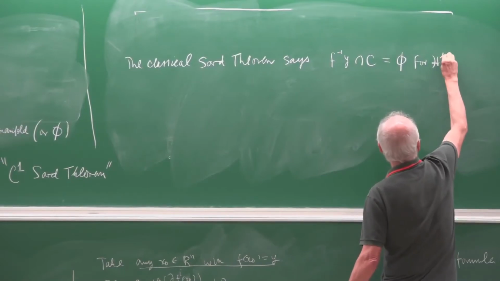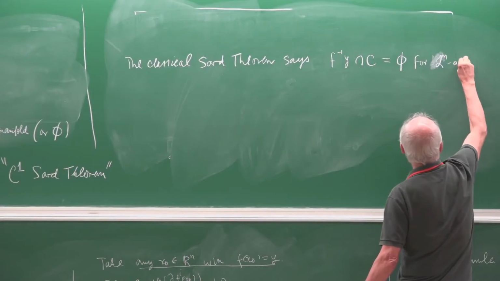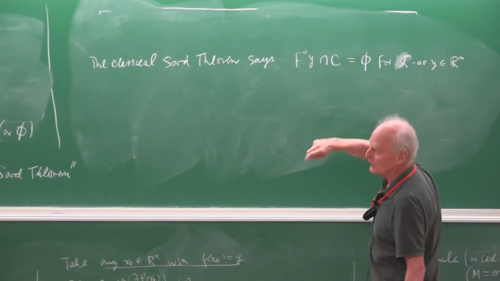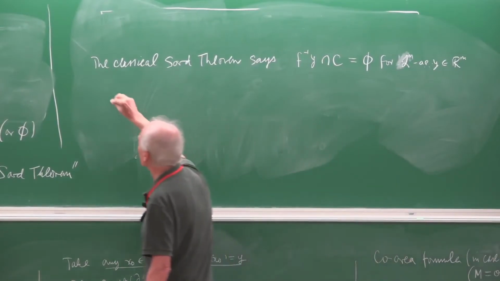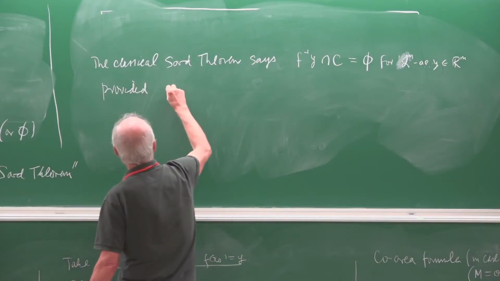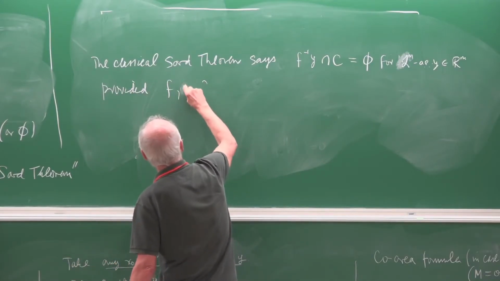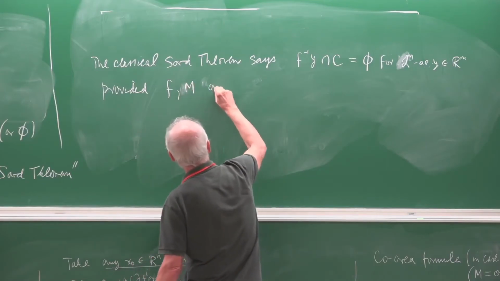HK for HM, LM, almost every y in Rm. But there's a proviso, of course. There's always a proviso, provided F and M are at least of class CK plus 1.